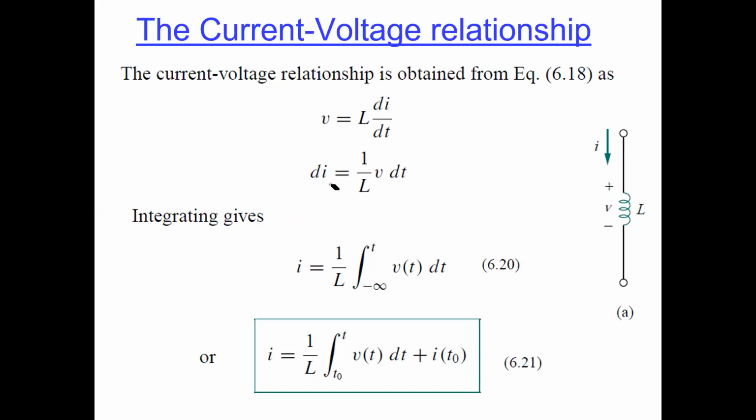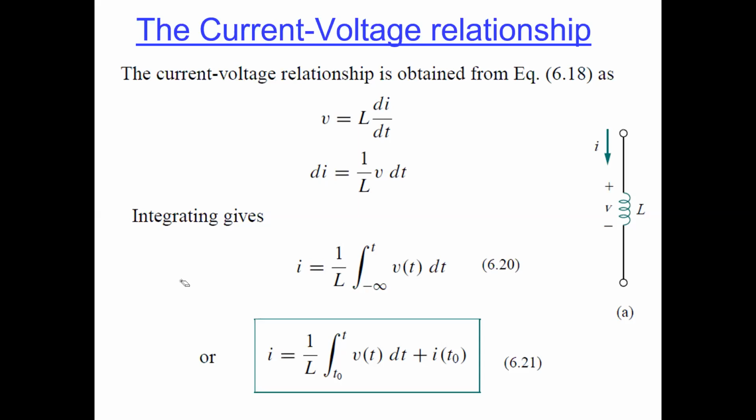Integrating di results in i, and on the right hand side, 1/L is constant, so it will come outside of the integration. As we all know, in the case of a capacitor, we took the interval from minus infinity to t. The same interval will be taken in this case as well.